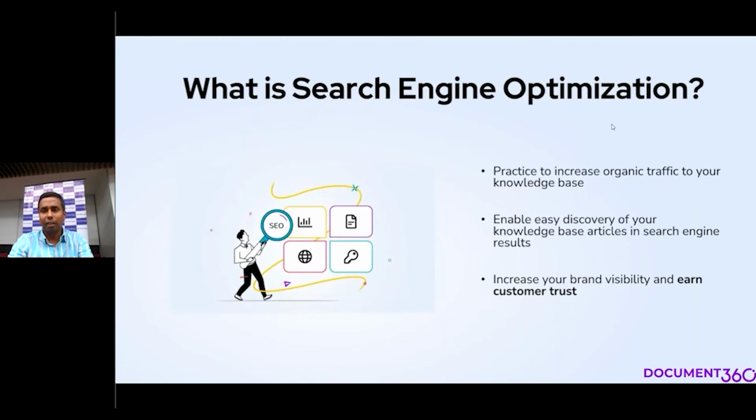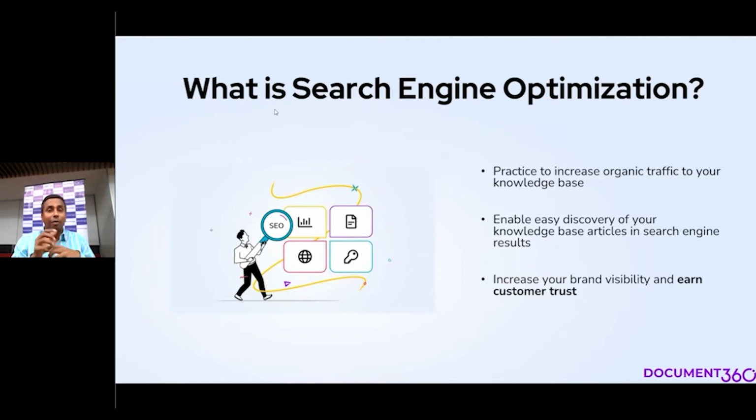So let's dive in. So what is search engine optimization? It is actually a practice to drive some organic traffic to your site. It could be your knowledge base or it could be your website as well. But the primary motivation is to drive organic traffic.